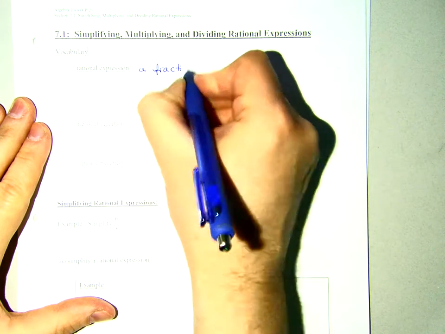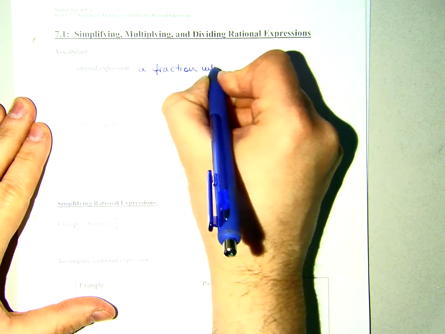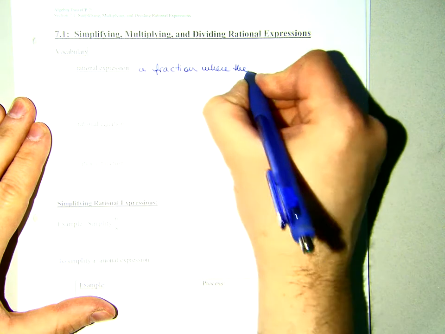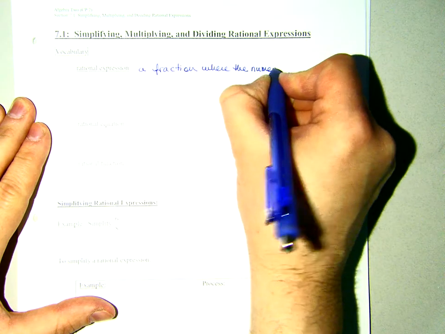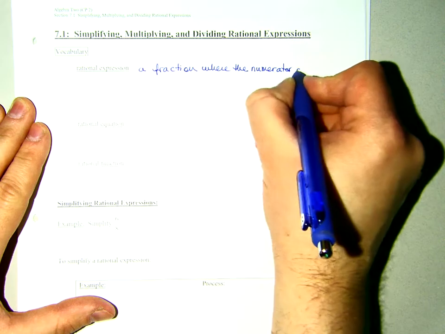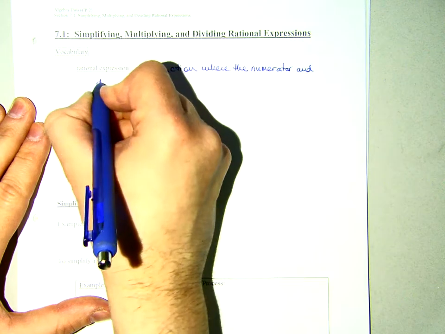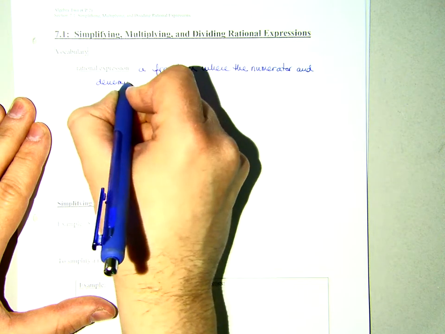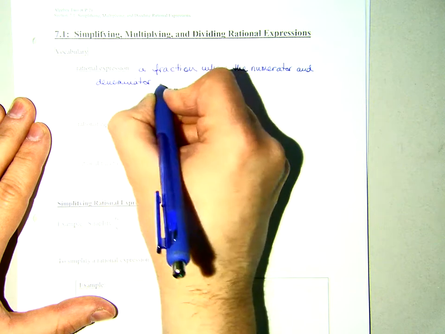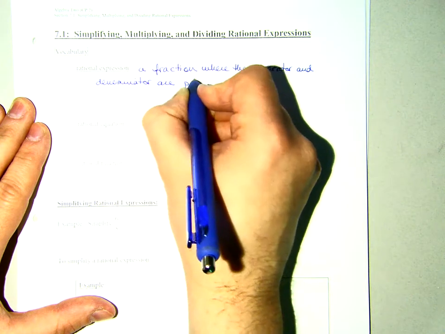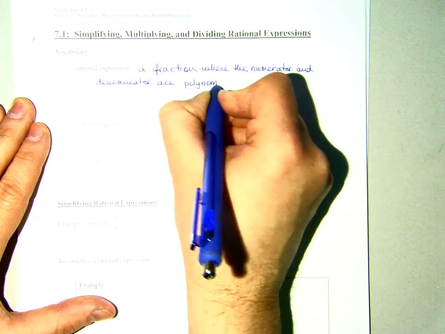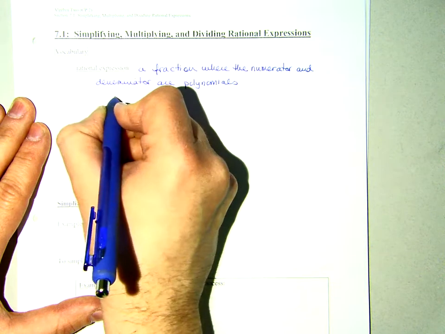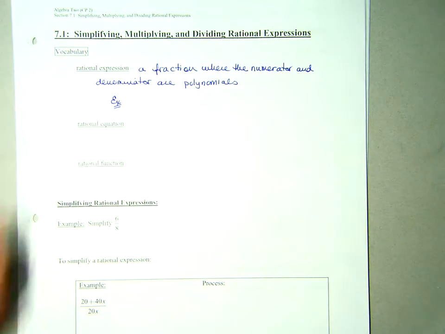A rational expression is just a fraction where the numerator and denominator aren't just numbers, but are entire polynomials.